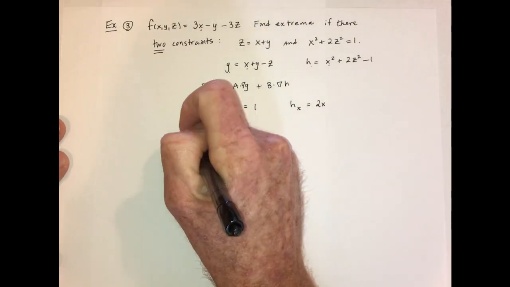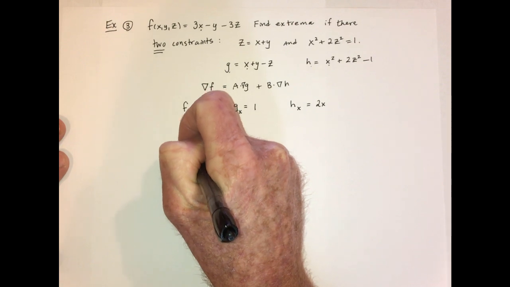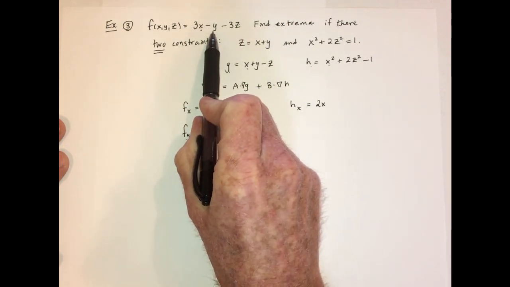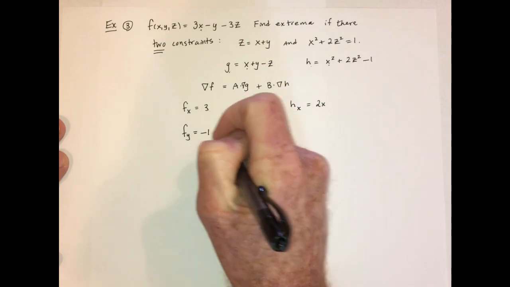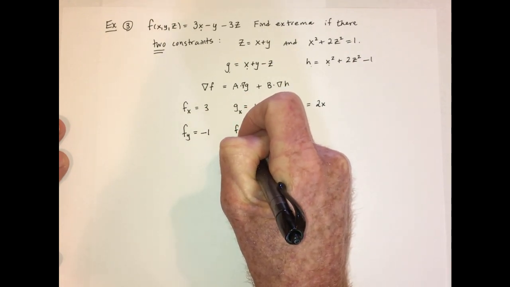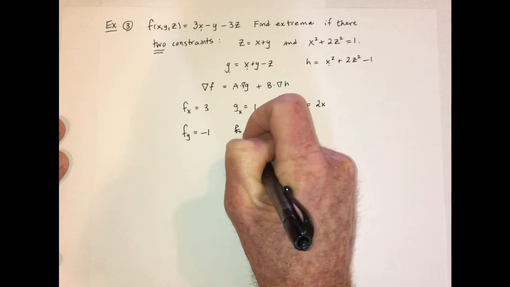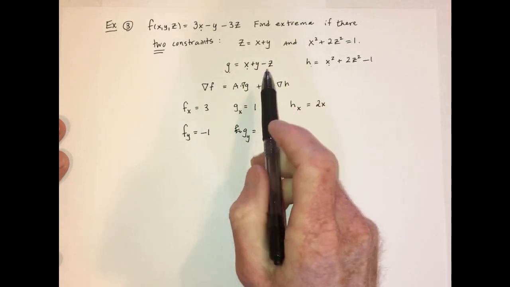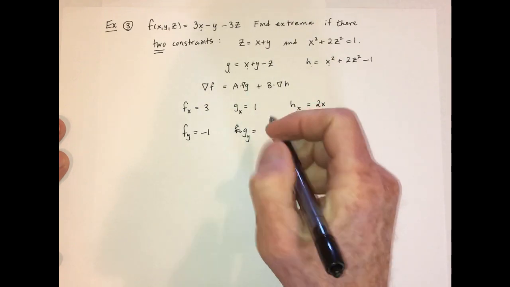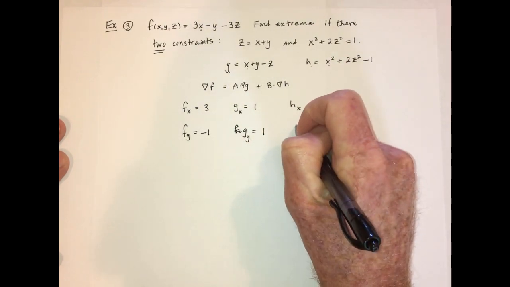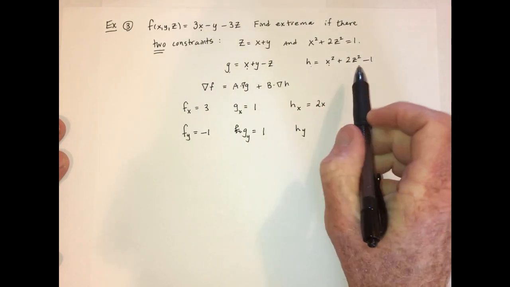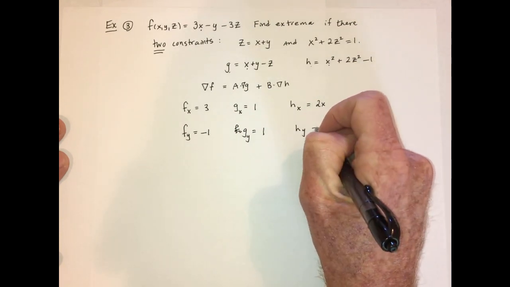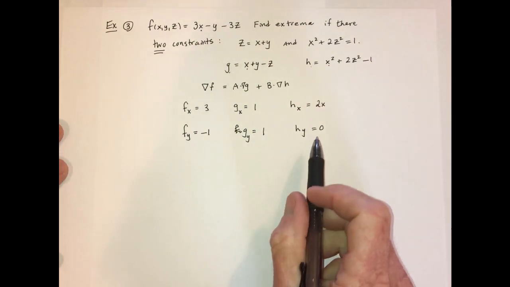But let's go on to the derivative with respect to y. So for this one, that's just going to be a negative 1 for the g function. The derivative right here is going to be a 1. And for the h function, it has no y's in it, so the derivative is 0. Good, that cuts down on algebra.